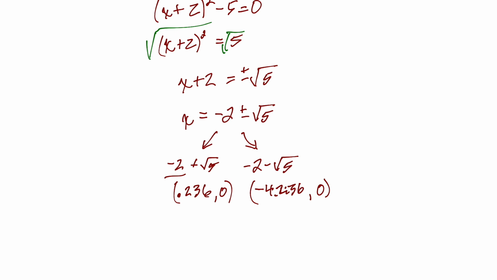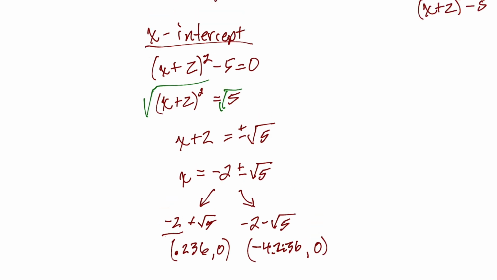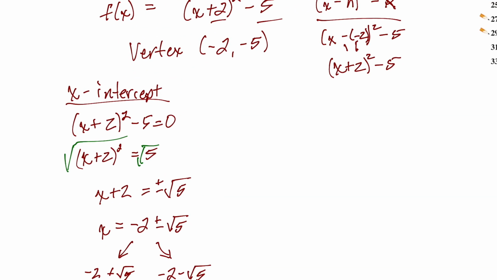How do we get a y-intercept? That is correct. So when you want x-intercept, you put a 0 in for y. When you want a y-intercept, we put a 0 in for x.